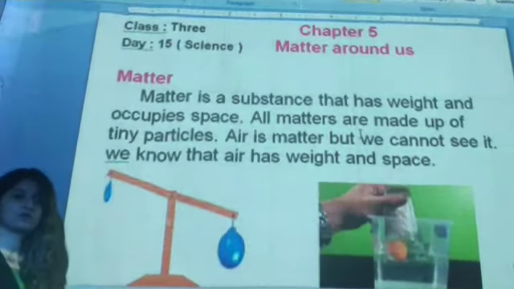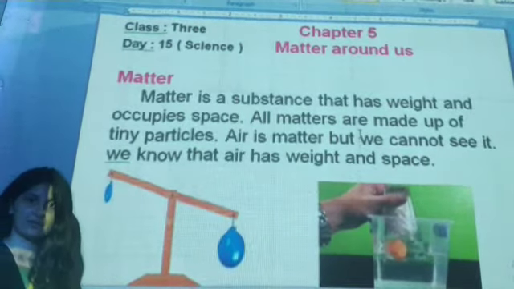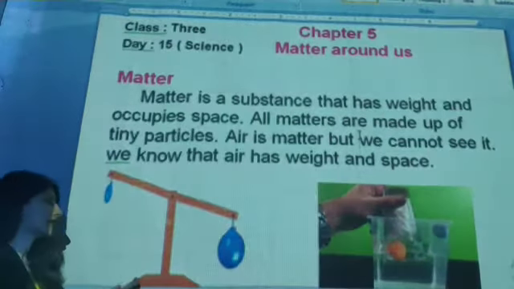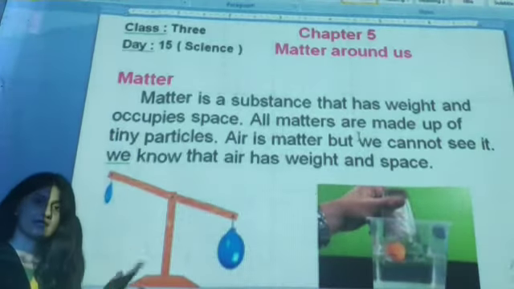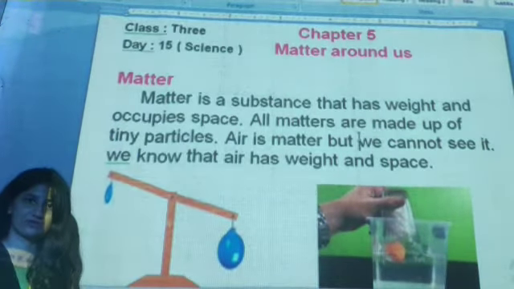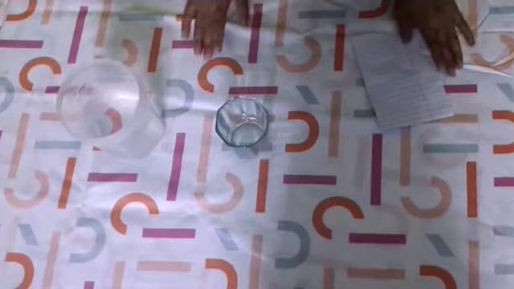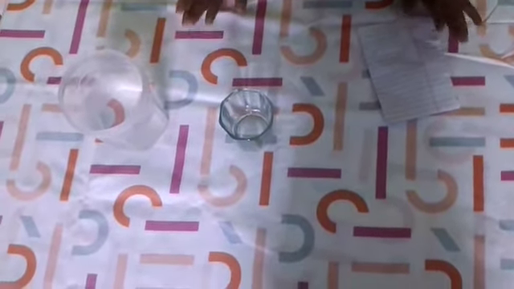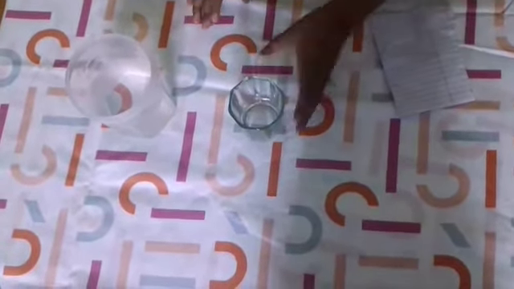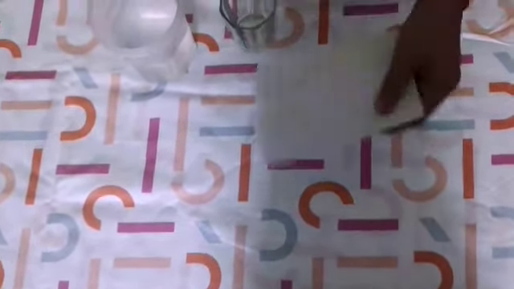Here I am going to show you a short experiment to prove that air has weight and air has space. Have a look. Today we are going to do an experiment which proves that air occupies space. Here we have a container with water in it, an empty glass and a piece of paper.